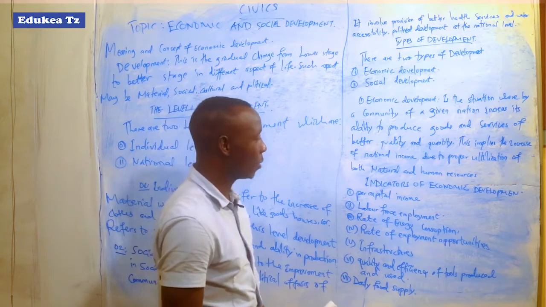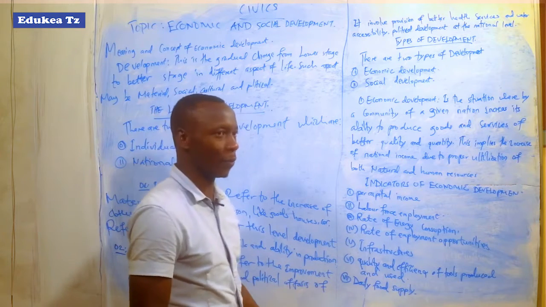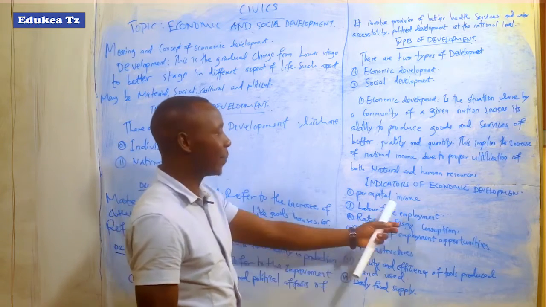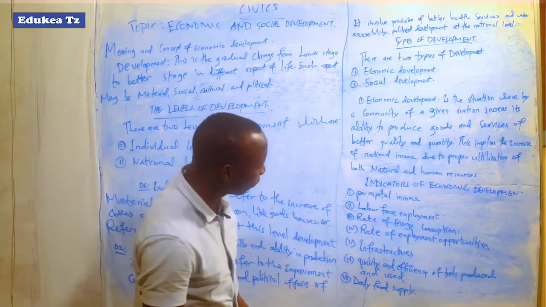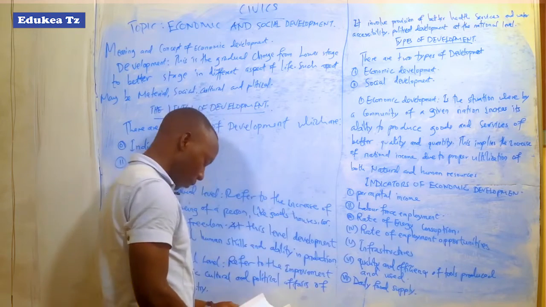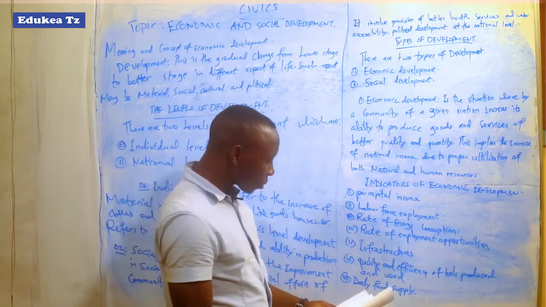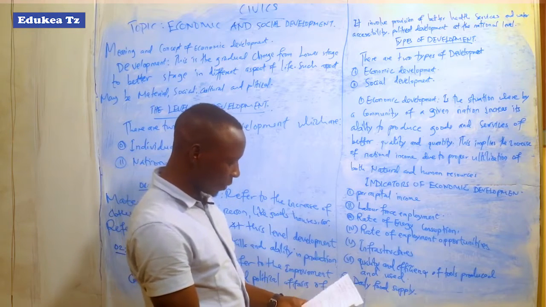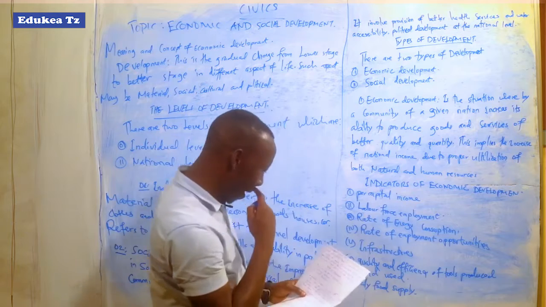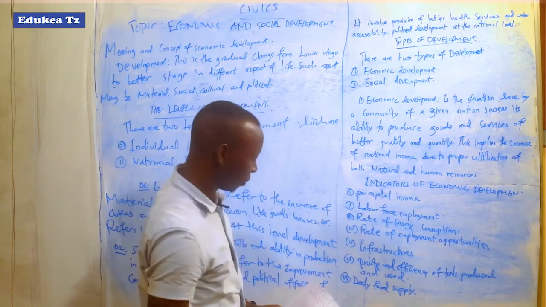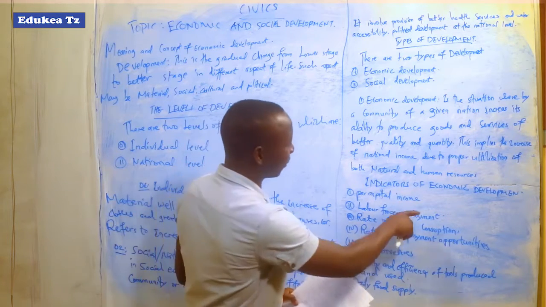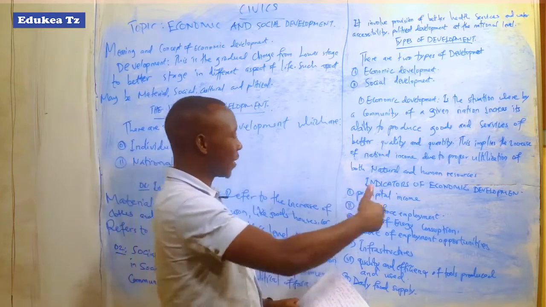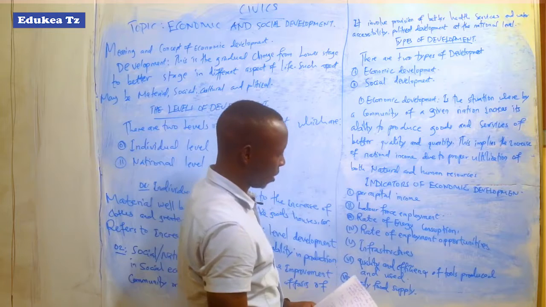Let us see now the indicators of economic development in any country. The first is per capita income. When we talk about per capita income, this is the average income of the people of a given country, whereby every person has something to own per year.